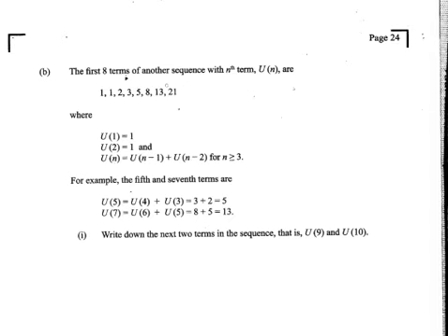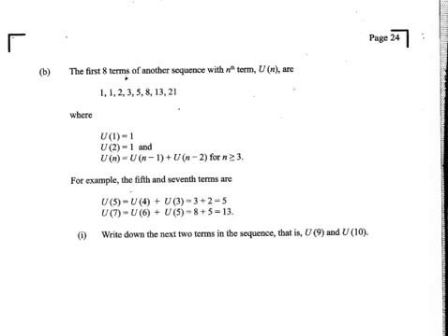Here's what we're told. The first term is 1, the second term is 1, and the nth term is equal to the (n minus 1)th term plus the (n minus 2)th term, for n greater than or equal to 3.